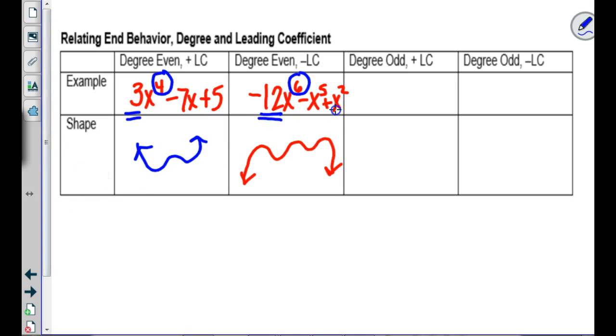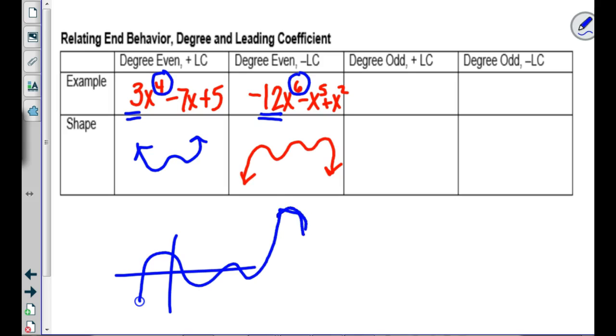Now, is this an even function? We'll talk more about this and put some notes down, but does everyone understand that I am talking only about the degree, the highest exponent power? An even function is symmetry, right? I can draw this shape, and it has no symmetry whatsoever, right? This would be an even degree, negative leading coefficient, because both ends are going down.